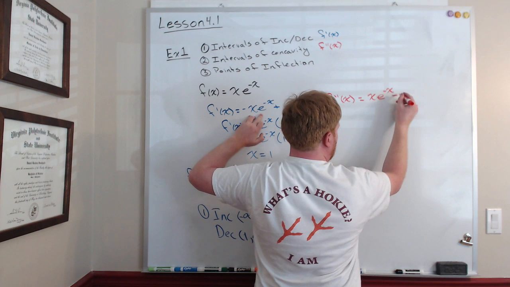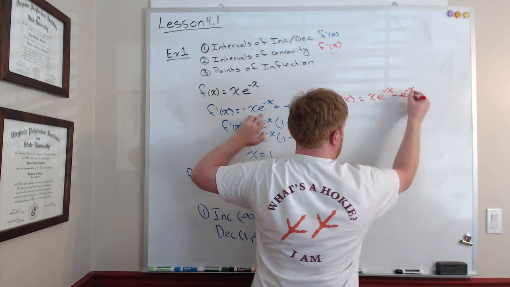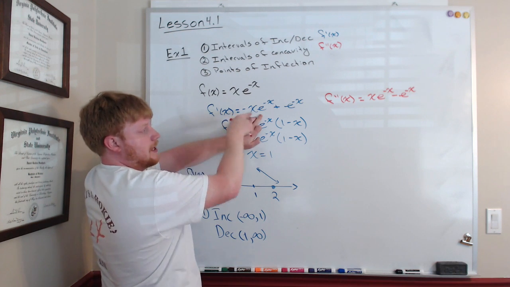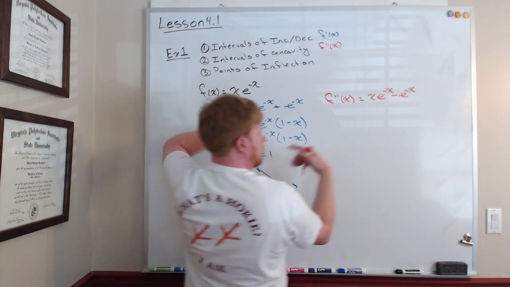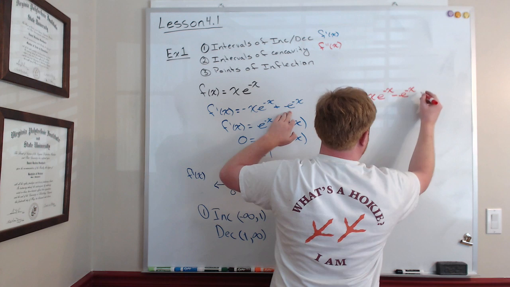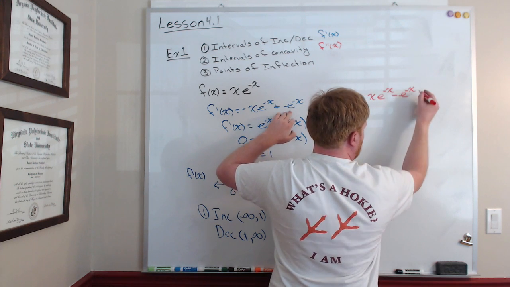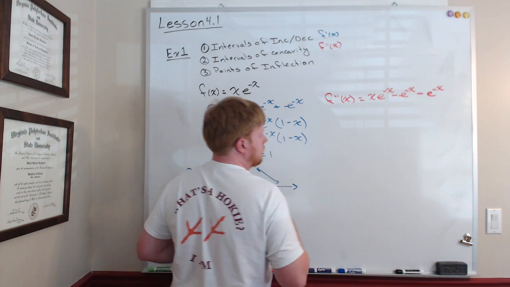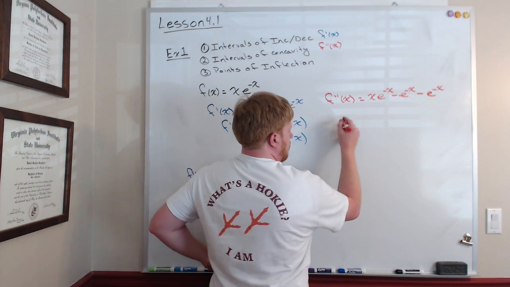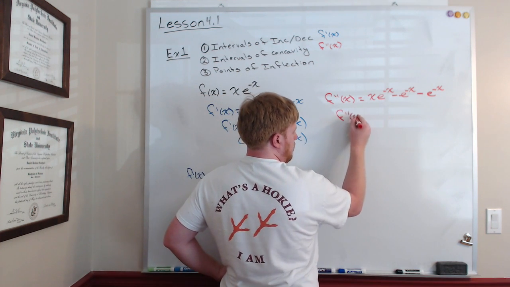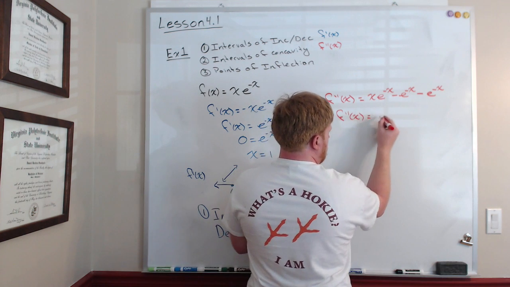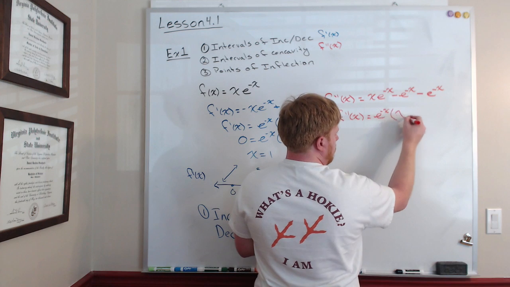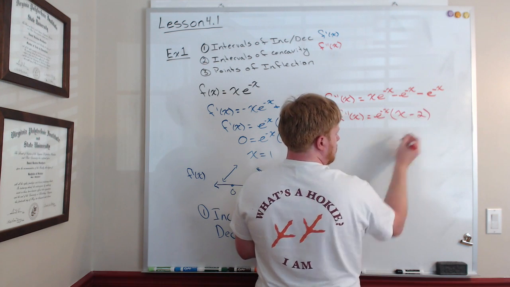That's going to give me a negative e to the negative x, because the first is negative x, times the derivative of that, which is negative 1, plus the derivative of e to the negative x, which is negative e to the negative x. All right, so let's clean things up a little. I pull out an e to the negative x and get x minus 1, x minus 2.